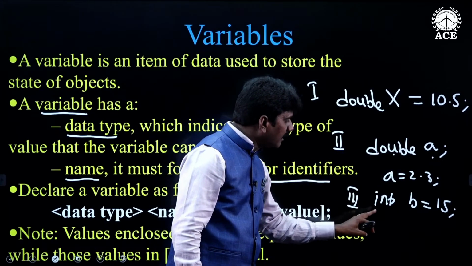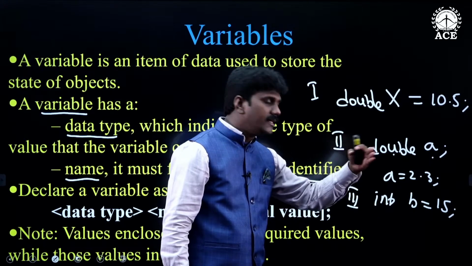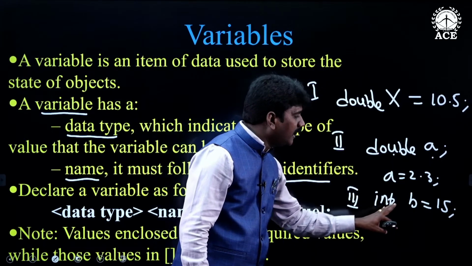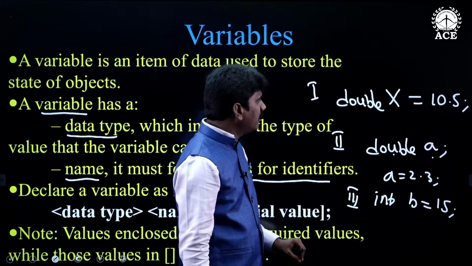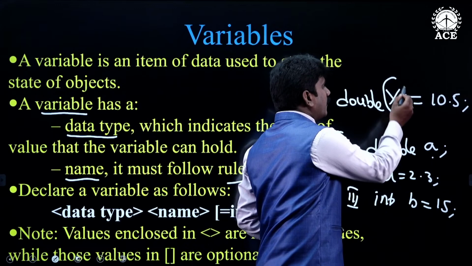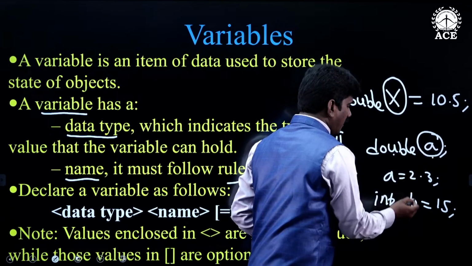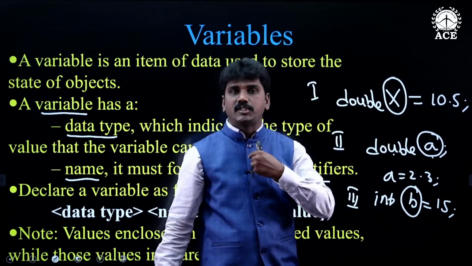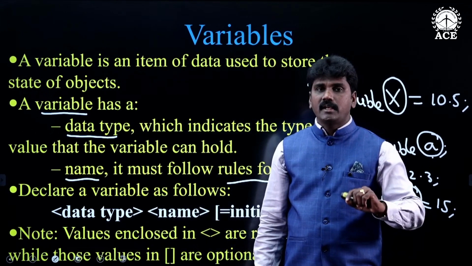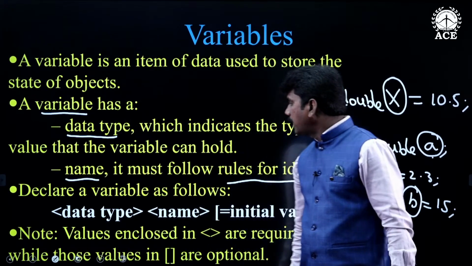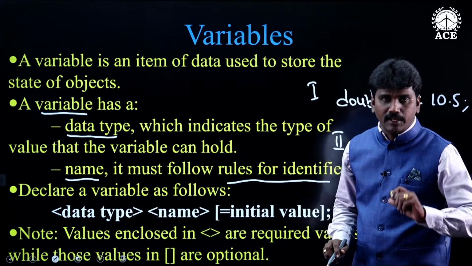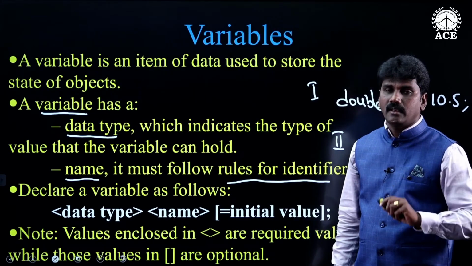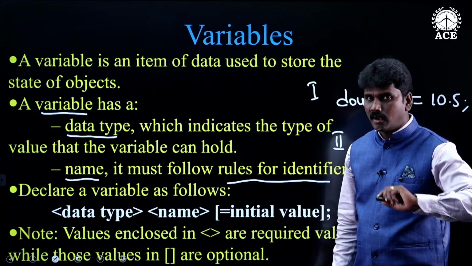In the third one, if you would like to take integer type, it will be int space b is equal to 15 semicolon. Here again, the names we have used, x, a, b, are our choice. We can take any name, but we have to follow the rules of identifiers. We will discuss the rules of identifiers also.